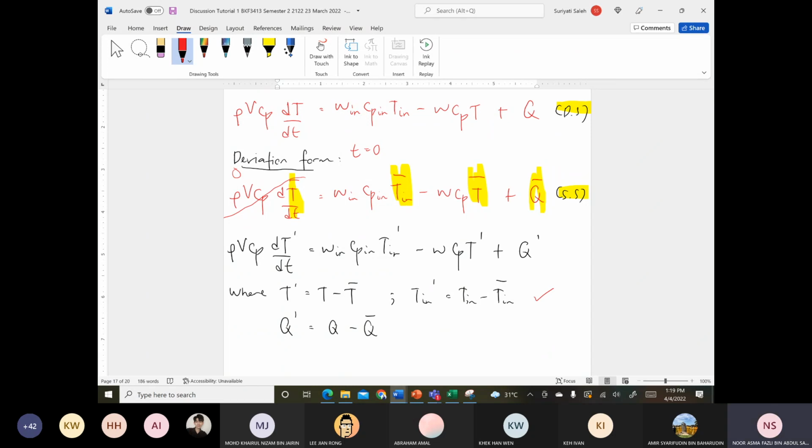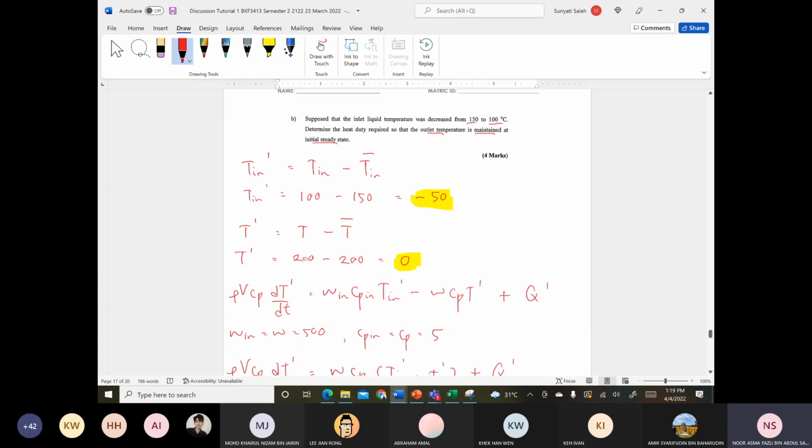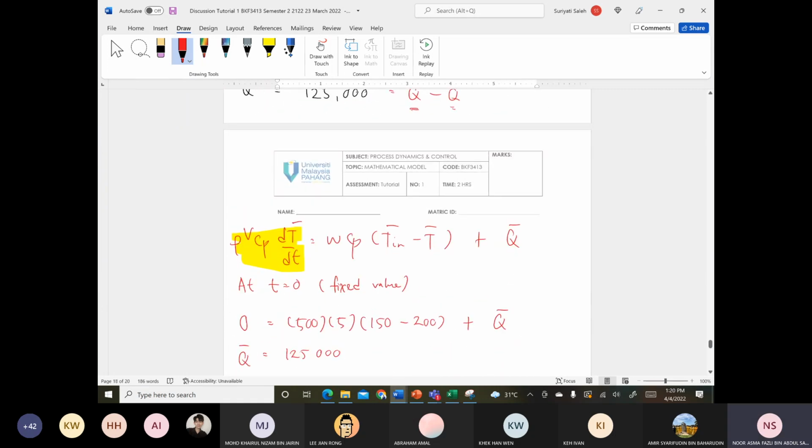Under steady state condition, the term rho V Cp dT bar over dt is considered 0. That's why at this point we use the steady state equation and neglect the left hand side, because we operate at a fixed value. The differential of the time is neglected for this case.